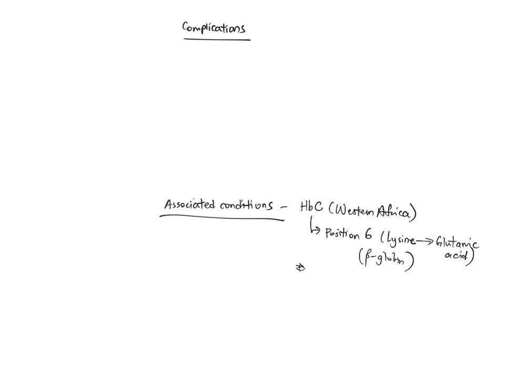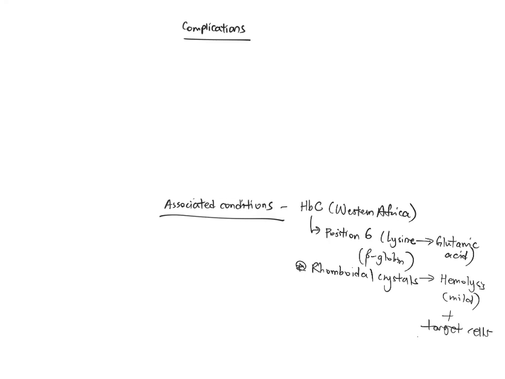What's important to note here is that it forms rhomboidal crystals. And these rhomboidal crystals tend to cause the red blood cells to be more fragile, and it can lead to mild hemolysis. And also target cells can form as well.